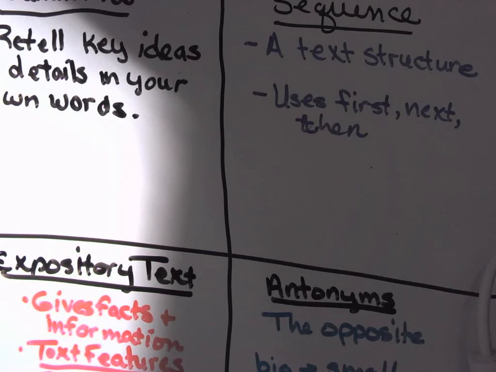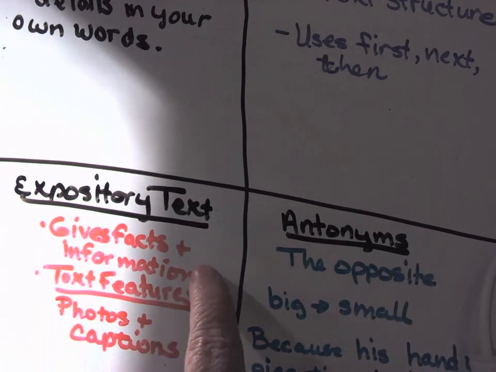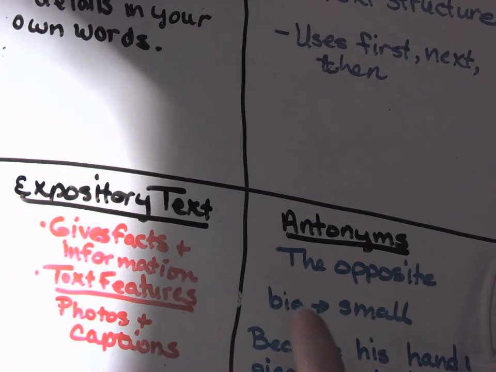In the next one, let's look at page 236. 236, you have a short article there. How do you know this is an expository text? So what does it have that you see over here, as what I wrote about over on our box here?